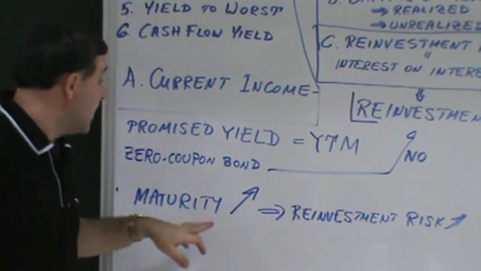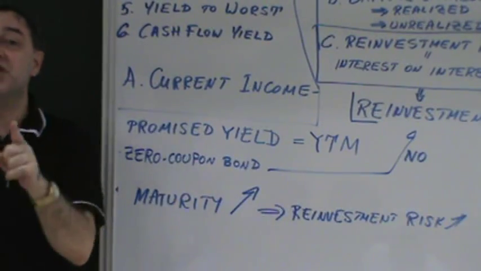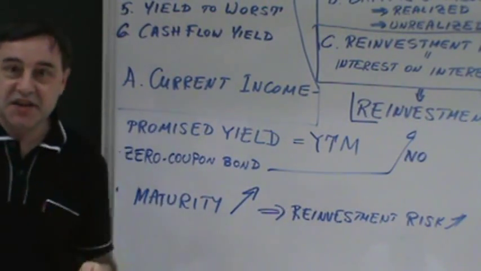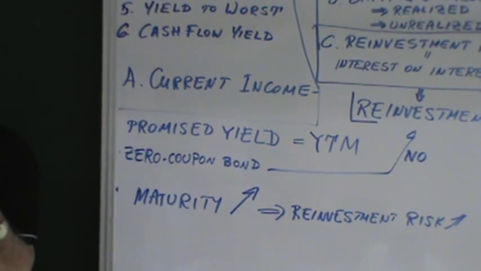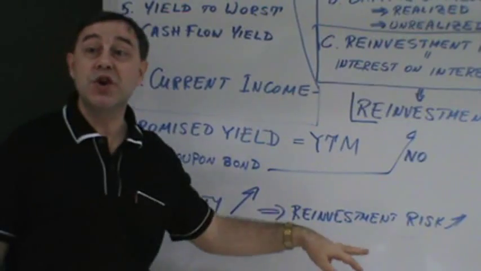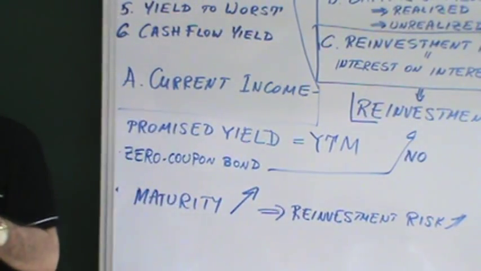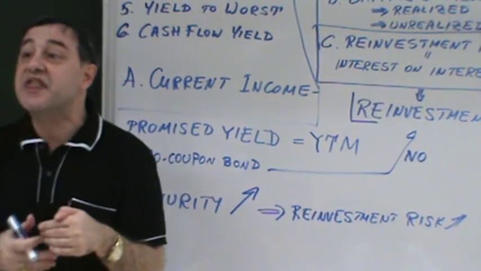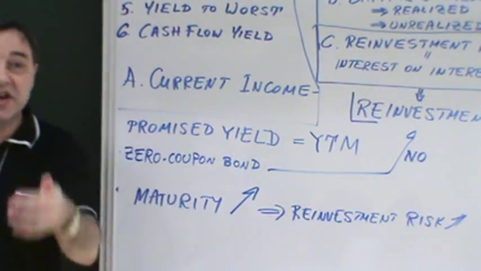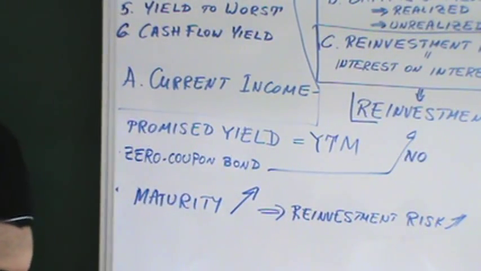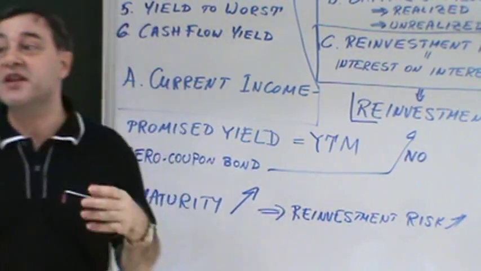In the sense that you get one coupon, now you've got to reinvest it for 9 more years. If it's a 20-year bond, you get your first coupon, you've got to reinvest it for 20 years. So the longer the maturity of a bond, the longer the period for which you have to reinvest the coupon, and the reinvestment risk is higher.